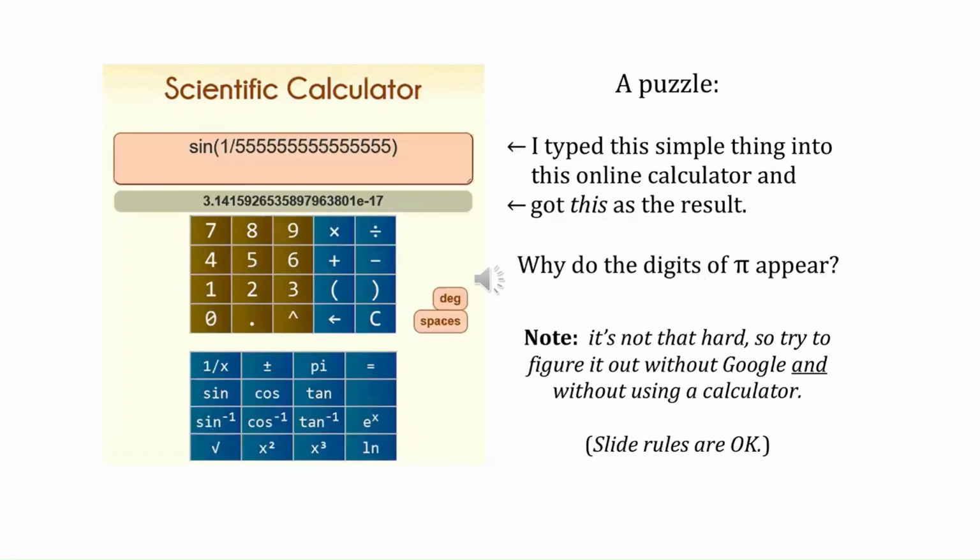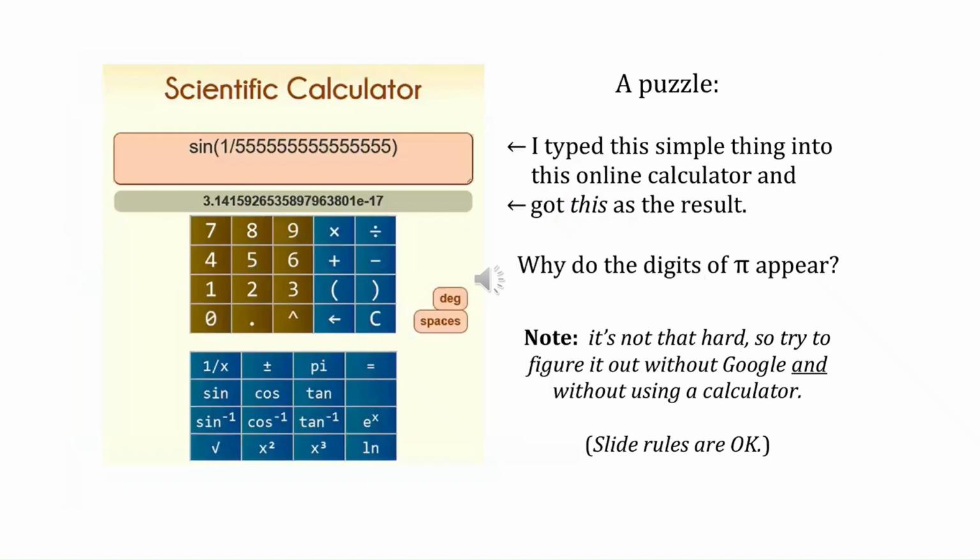Before getting into the main agenda, Mike suggested this little puzzle. He was typing away on an online calculator, and he got an interesting result from this strange division, right? 1 divided by a whole bunch of 5s, and then press the sine button to take the sine of that angle.